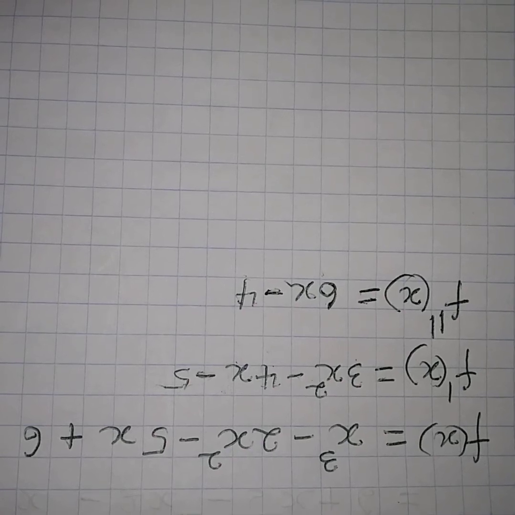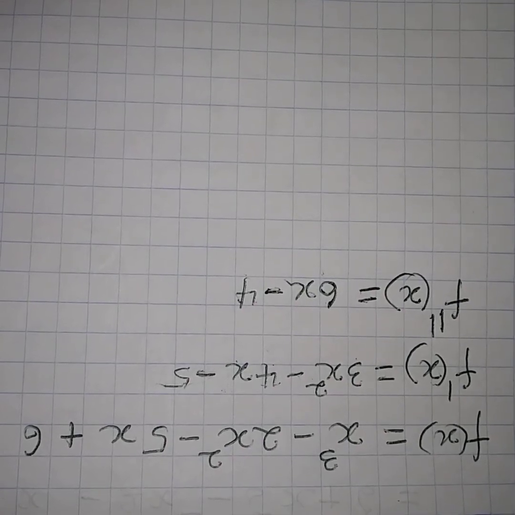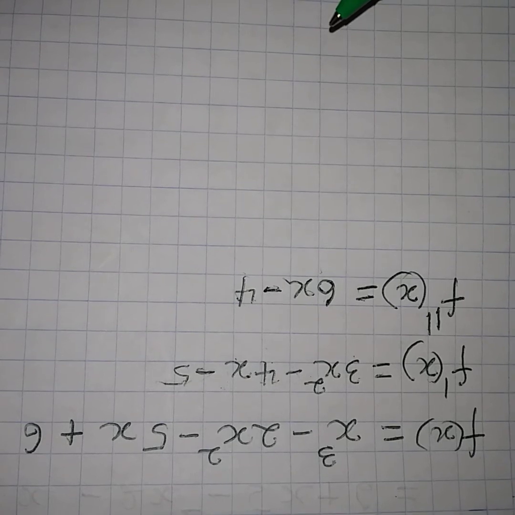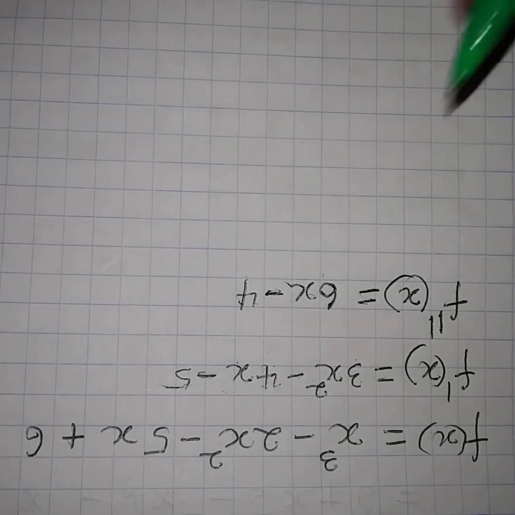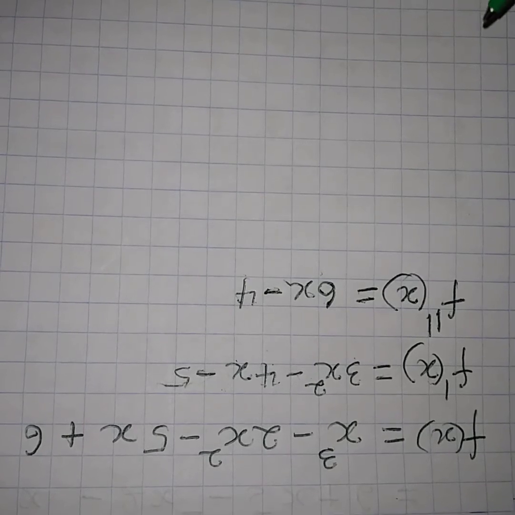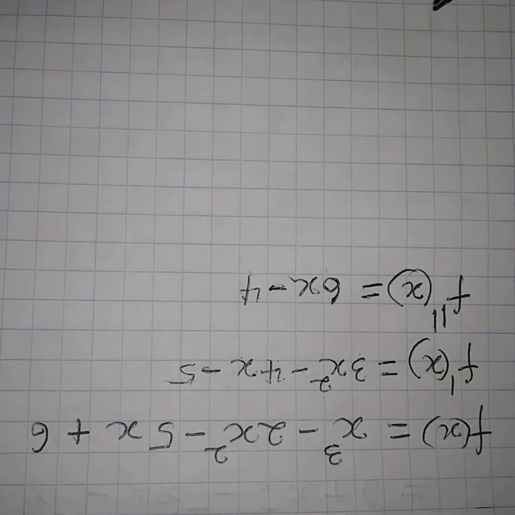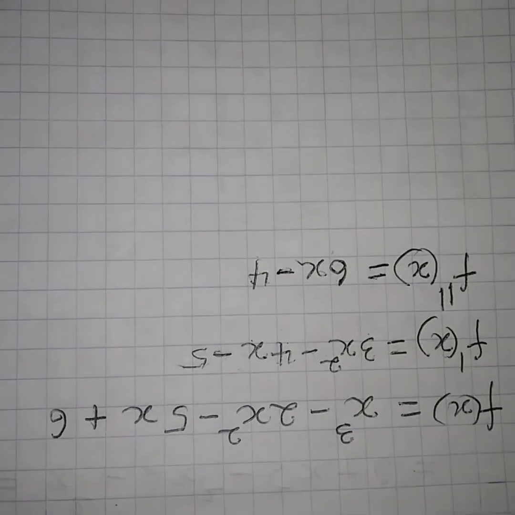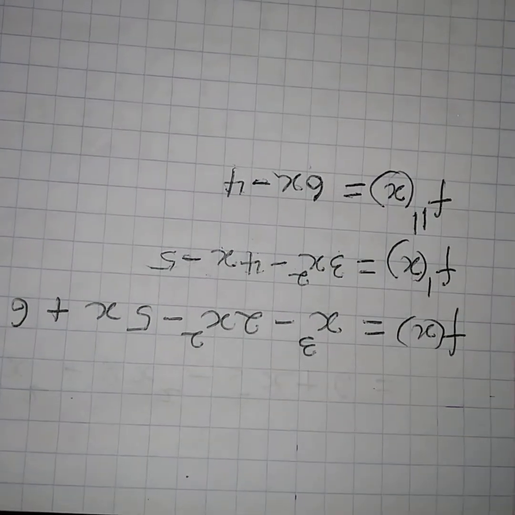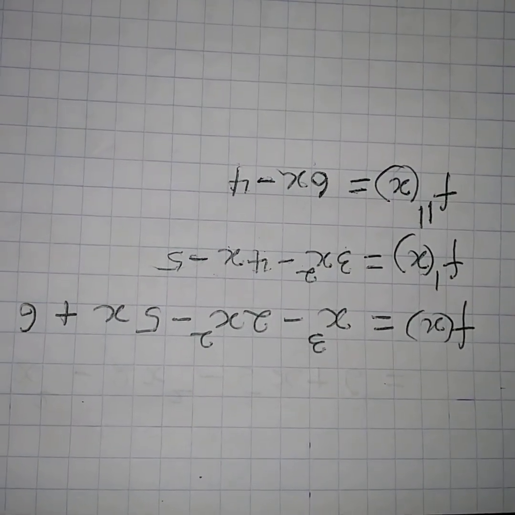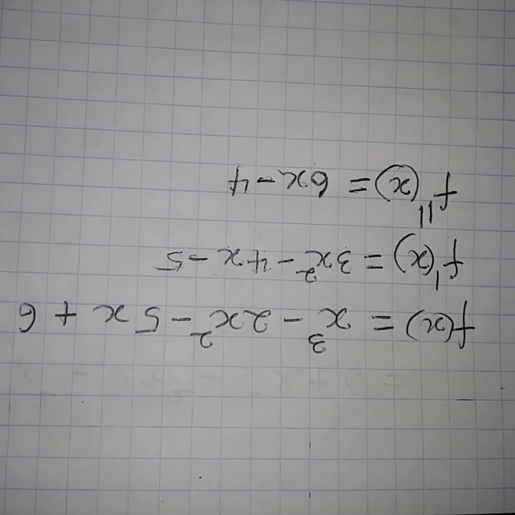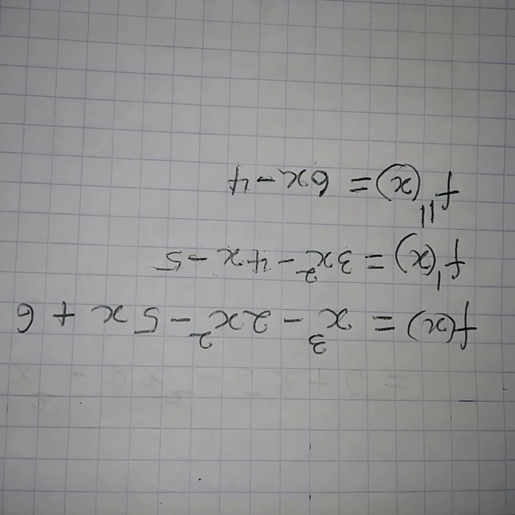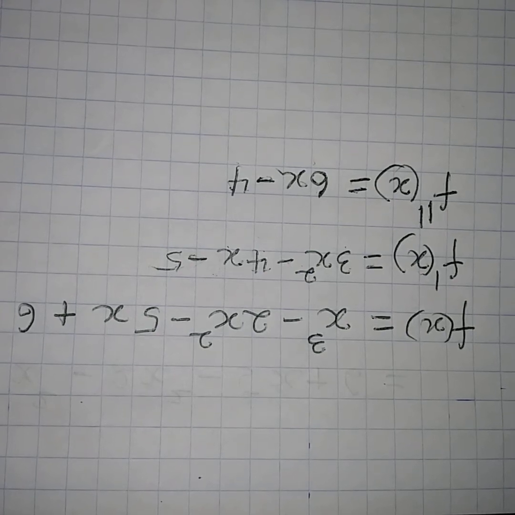But what we can say now is that whenever you are looking for the x coordinate of the turning point, you need to consider what I'm trying to explain here. So these are the two things that we need to know when we're talking about first and second derivatives of a function.